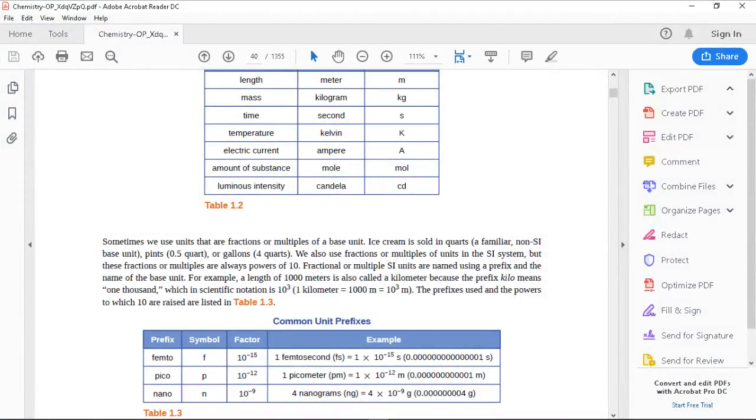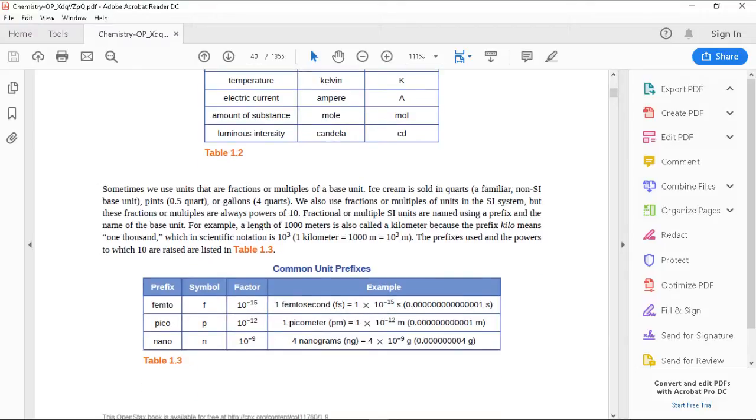We also use fractions or multiples of units in the SI system, but these fractions or multiples are always powers of 10. Fractional or multiple SI units are named using a prefix and the name of the base unit.